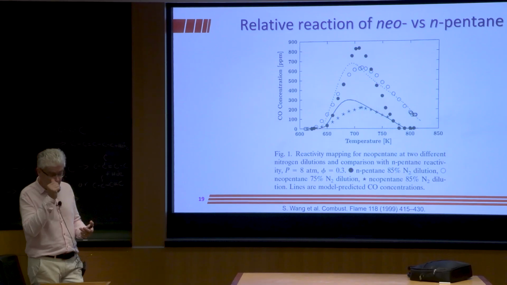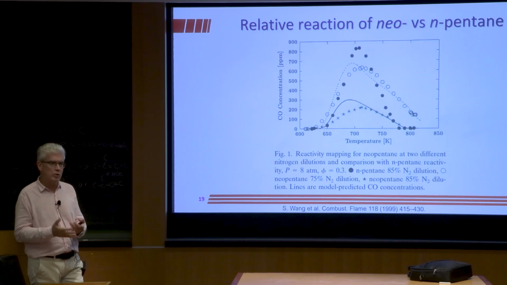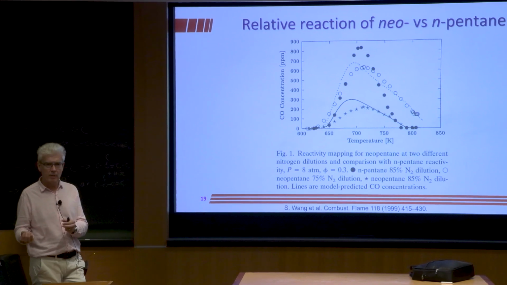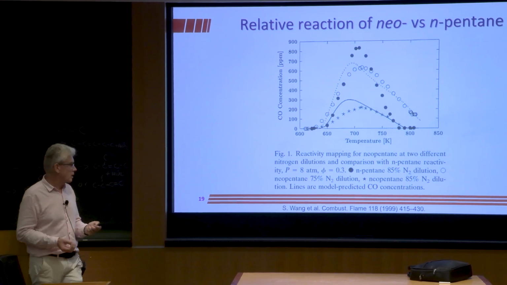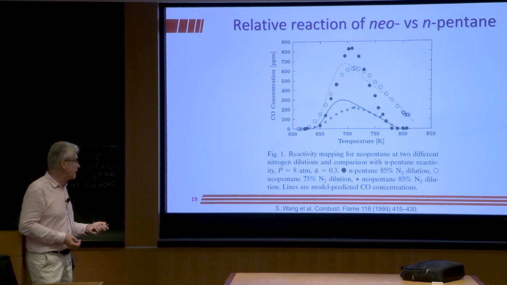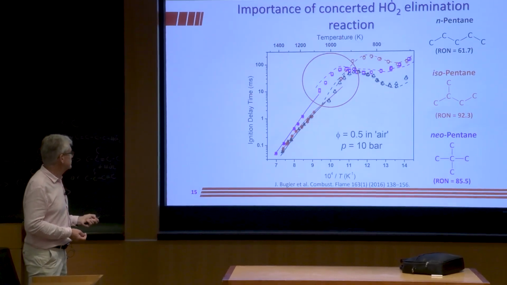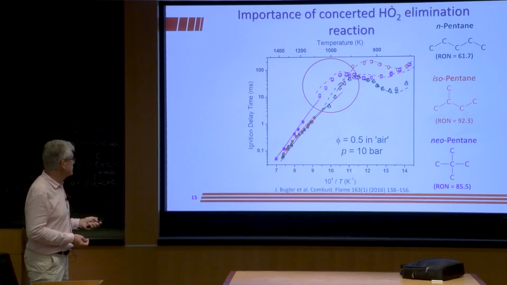When I started talking about low temperature reactivity, you'll hear a lot of people say that negative temperature coefficient behavior happens because the R plus O2 equilibrium goes backwards to R plus O2. And that's not true. If I go back here, you just look here.